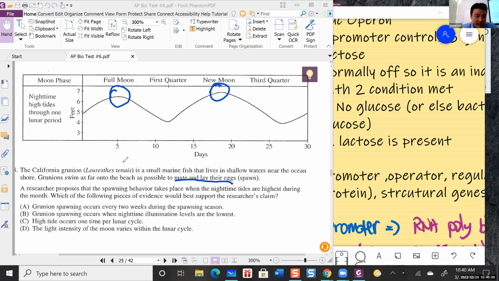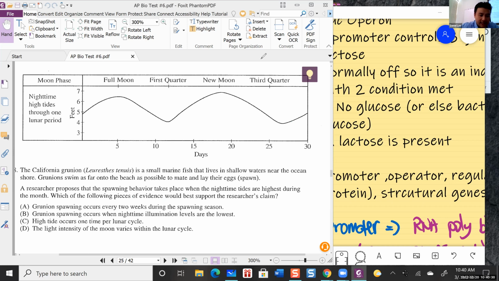So A seems to be the answer, because the tide is the highest right here, and that looks like 15 days or 2 weeks. It seems to oscillate the same way, yeah? So that is the only evidence that talks about high tide. Everything else is kind of weird. It's not the light intensity, it's not about high tide. So that's that one.